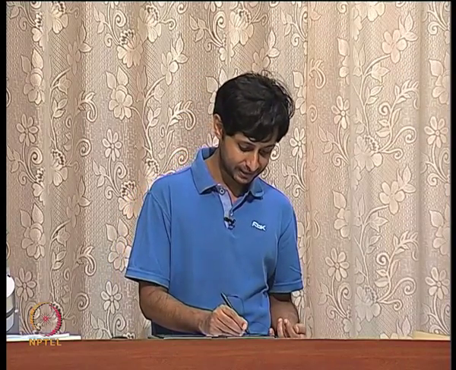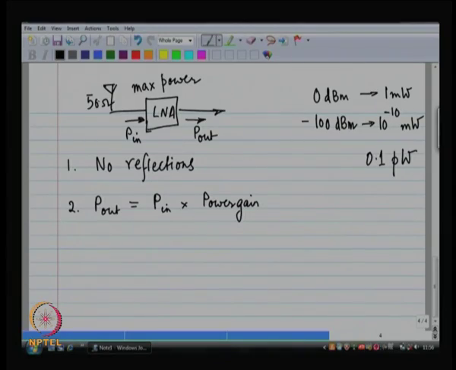So, 0.1 picowatt, if this antenna is a 50 ohm antenna, then what this relates to, 0.1 picowatt is 10 power minus 13 watts is equal to V squared by 50 ohms.